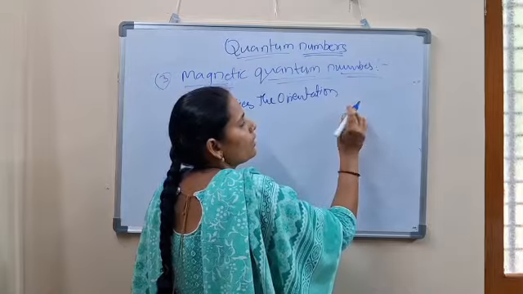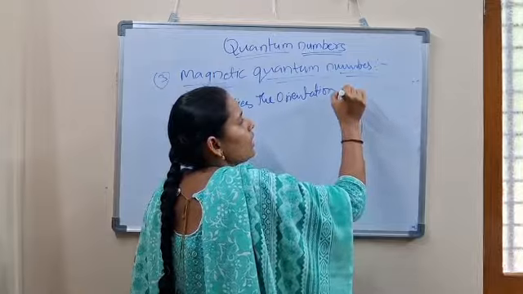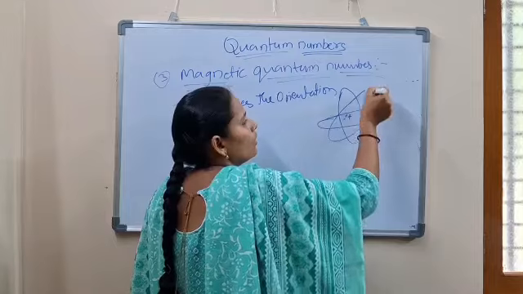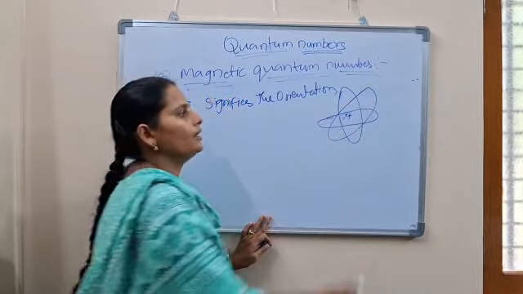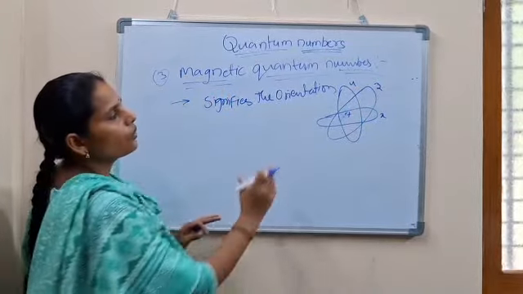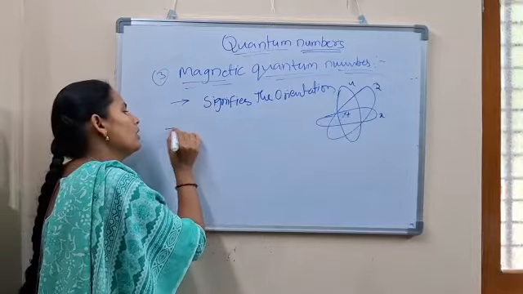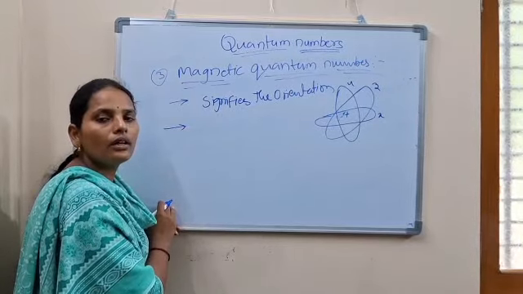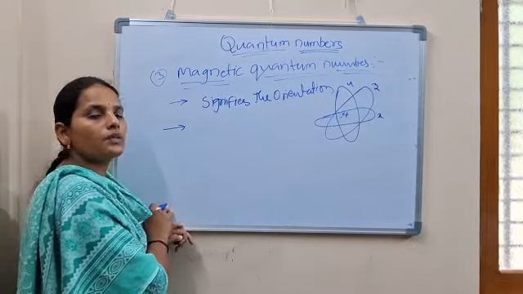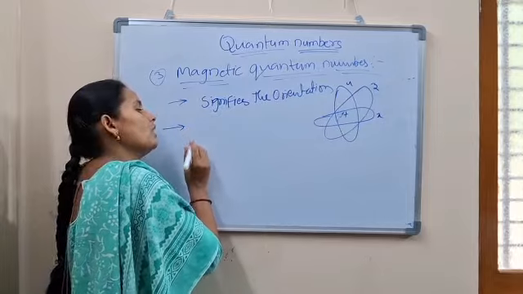This is the nucleus of the atom. In which orientation the orbitals are located, either x-axis, y-axis or z-axis. This orientation is explained by the magnetic quantum number, and this magnetic quantum number also explains the number of orbitals present in the subshells.